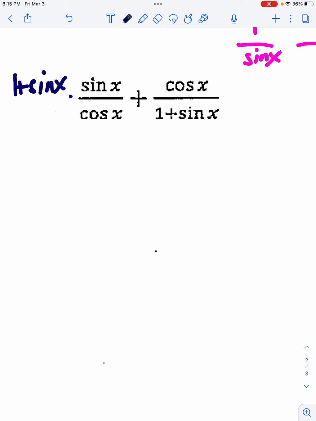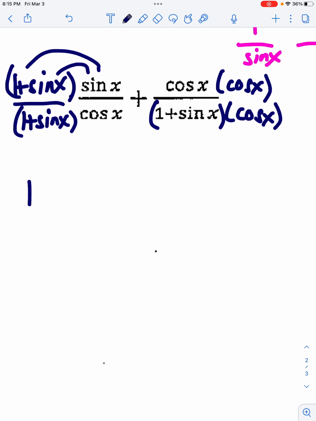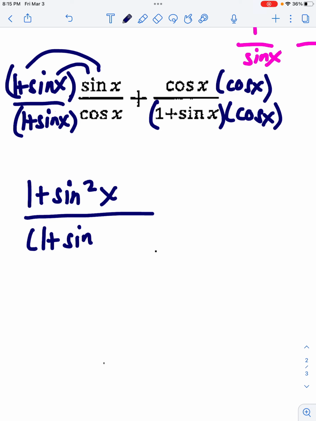So multiply by 1 plus sine x over 1 plus sine x. Okay, top and bottom. This guy over here, I'm going to multiply by cosine x on top and bottom. Okay. So that left term becomes, if I distribute the sine, I get 1 plus sine squared of x, all over, I'm going to leave the denominator as is. I'm just going to let my guy chill.